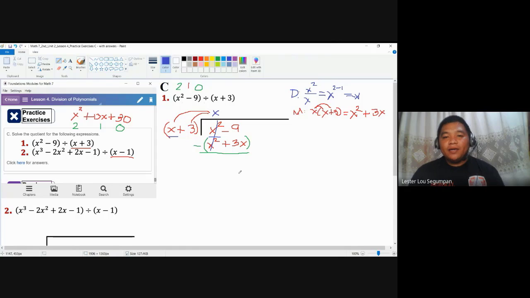The next problem here is that there might be some problems that will come up when you just look at these vertical values here. Negative 9 plus 3x. Of course, there are some of us, not all of us, just a few of us, who will tend to combine these two.